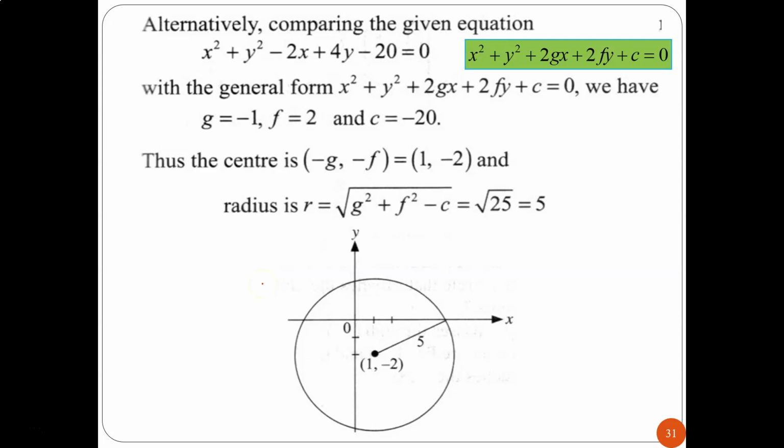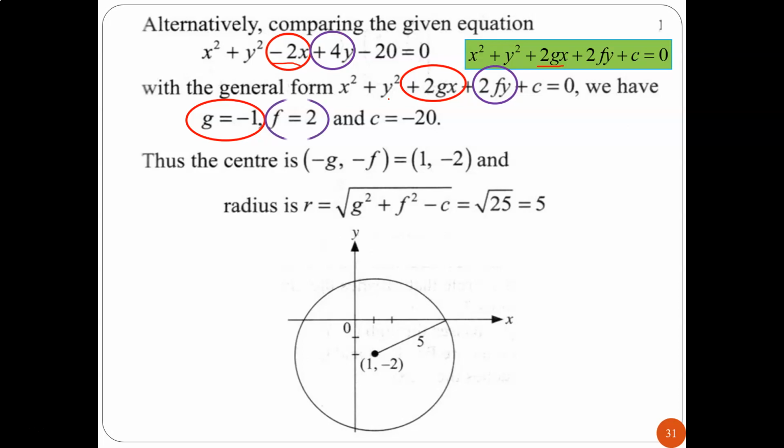Alternatively, ada cara lain, comparing the given equation. So this is the equation given. This is the general form. Bila you compare, we have G equal to negative 1. Terus dia dapat G equal to negative 1. Dia compare dengan ni. Kat sini, kat sini. Kan? Dia dapat G equal to negative 1. And then you get 4y, and over here 2fy.